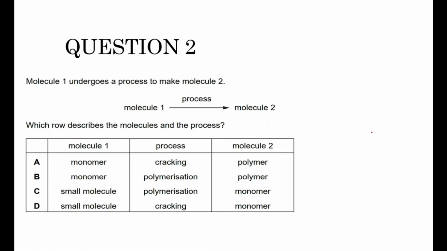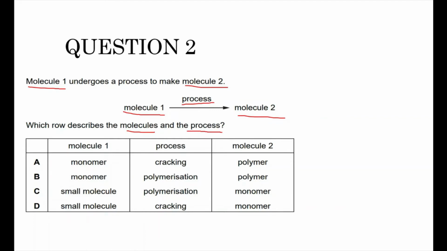Question number 2 is, molecule 1 undergoes a process to make molecule 2. Which row describes the molecules and the process, right? So we have to identify the molecules, and also identify the process here. Now look at option A first.